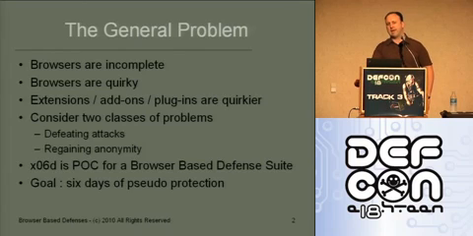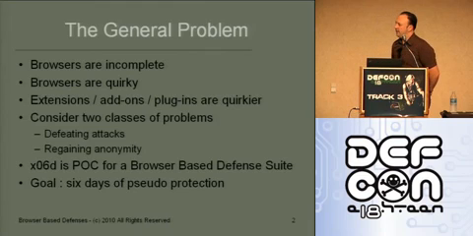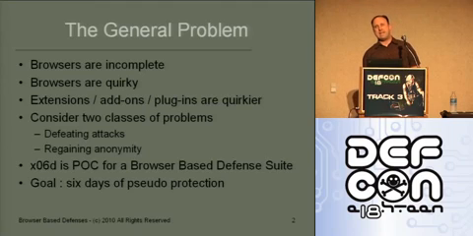We'll look at a few examples of steps in the right direction to re-anonymize ourselves after some of the work that's been done in the past year or so, roughly. And then we'll introduce X06D, a pre-alpha version of a suite of browser-based defenses that we've been working on.